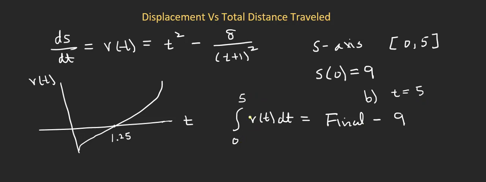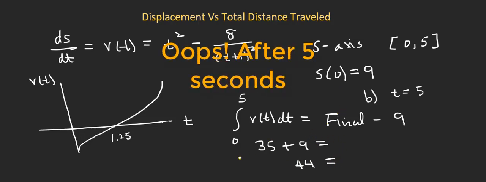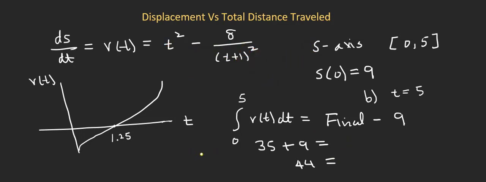Well, now you've got to find the integral of the velocity from 0 to 5, and then you have to add 9. So you end up getting 35 plus 9, which is 44. So after 5 seconds, the particle will end up at 44.